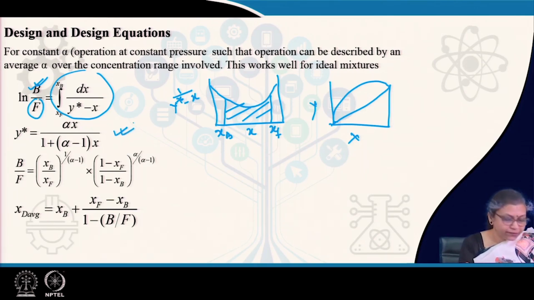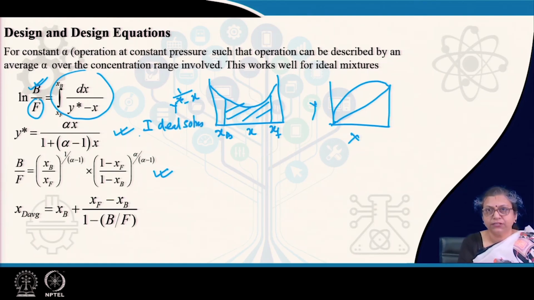And once we can do this, then we can express B by F from this equation. Now, this is applicable, as you know, for ideal solutions, and particularly when alpha does not vary much during the process of distillation.